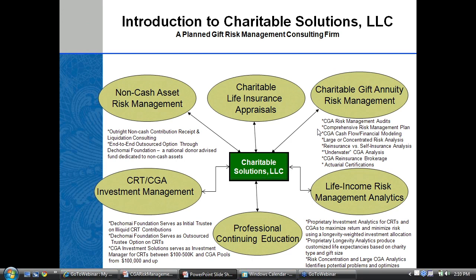So anyway, we basically stress test the entire pools every way you can. We're going to talk about the 12 different dimensions of risk within gift annuity pools. And most of this is run off of an engine that we developed about 4 years ago called the Life Income Risk Management Analytics Suite, to make it very consulty sounding. And that's really driven off of an actuarial study we did for the Society of Actuaries that included about 35,000 gift annuitants.